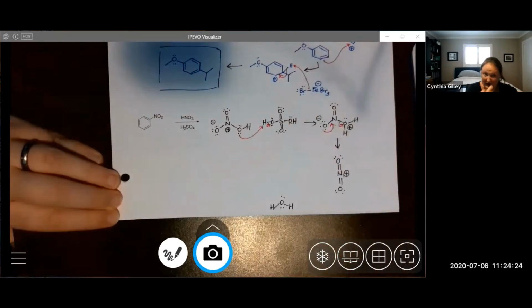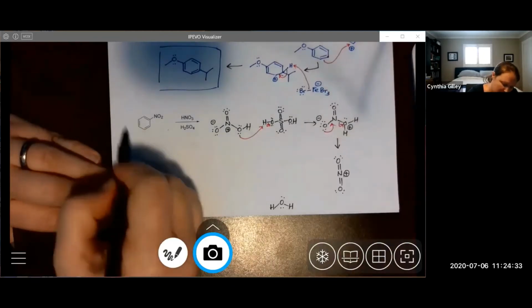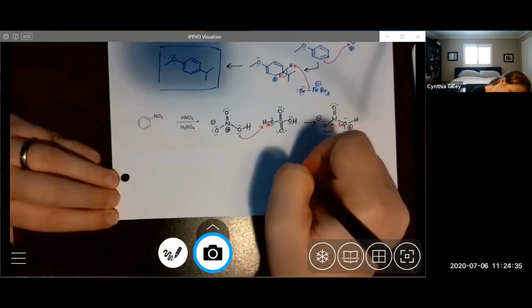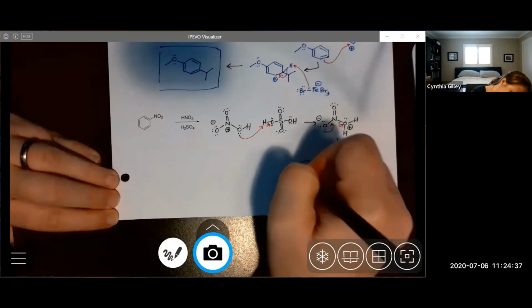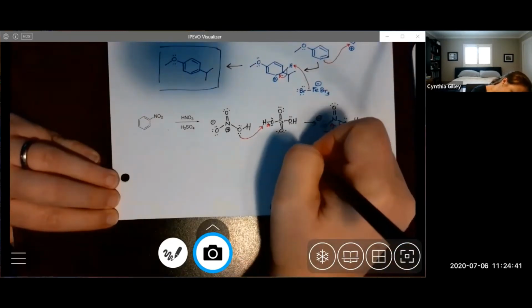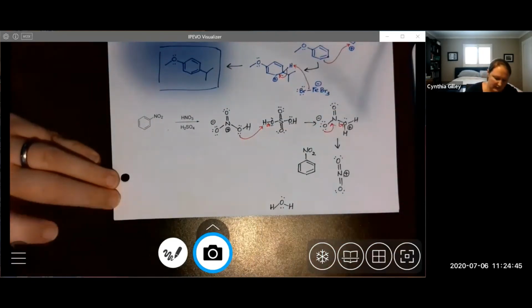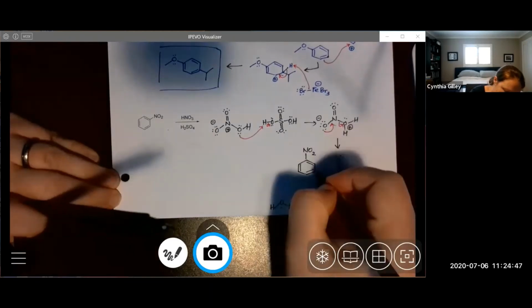Now that we have the active electrophile, the aromatic ring can get involved. And now we're using nitrobenzene. The nitro group, as we know, is a strong deactivator and a meta director. This position is activated.